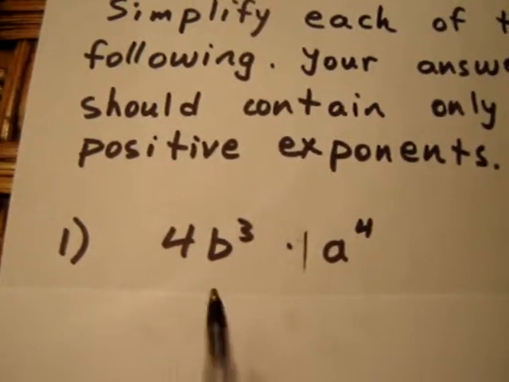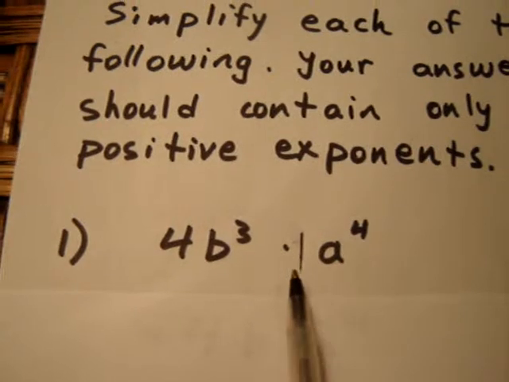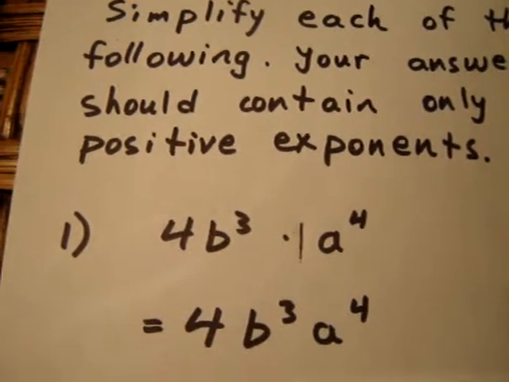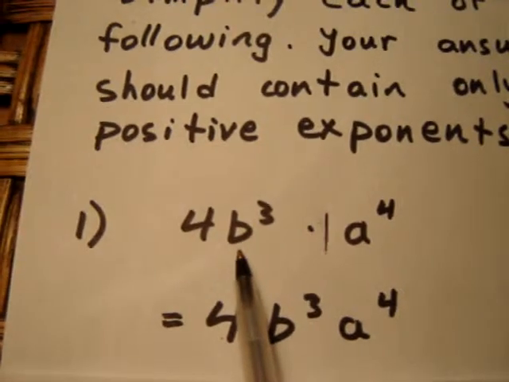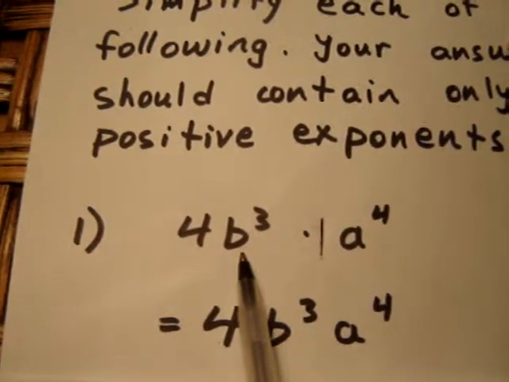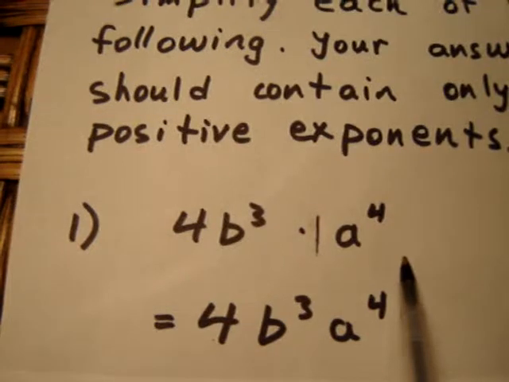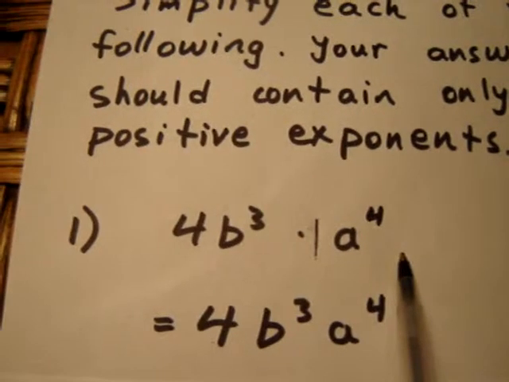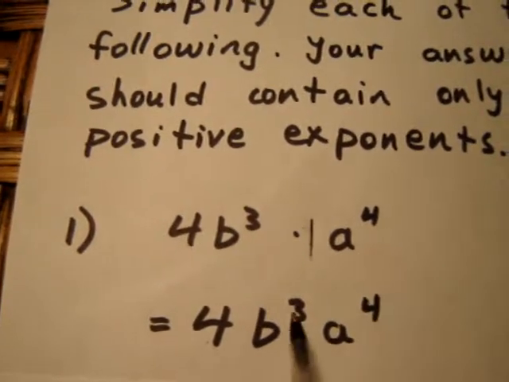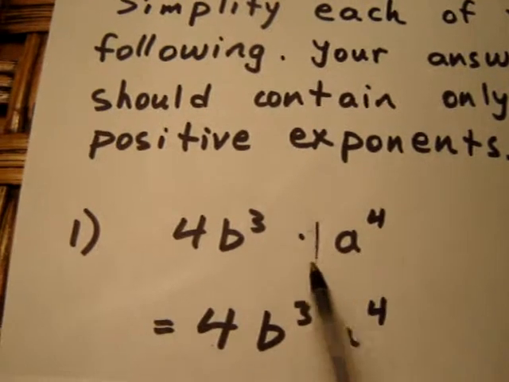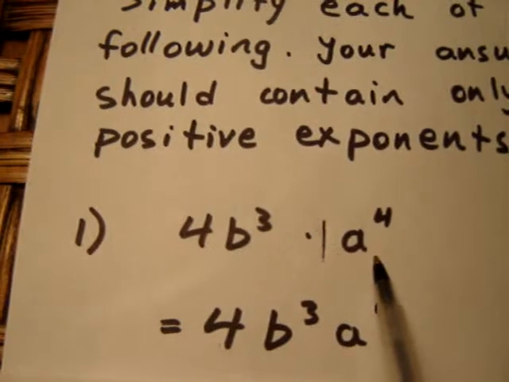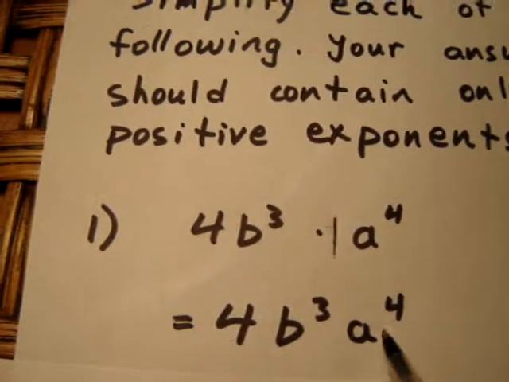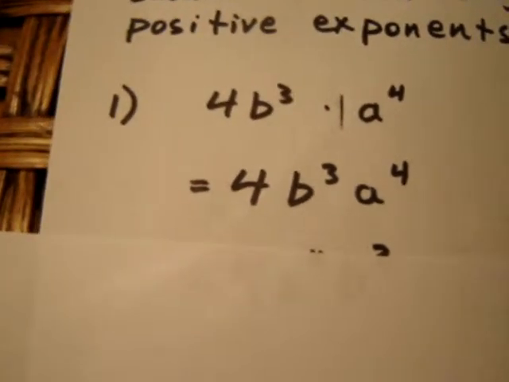So we begin by determining 4 times 1, which is 4, and then we take the exponent on b and the exponent on b in the second term, which is 0, and we add them. 3 plus 0 gives us b to the 3. And then we take the exponent on a in the first term and the exponent on a in the second term, which is 0 plus 4, and we get 4b cubed a to the 4.